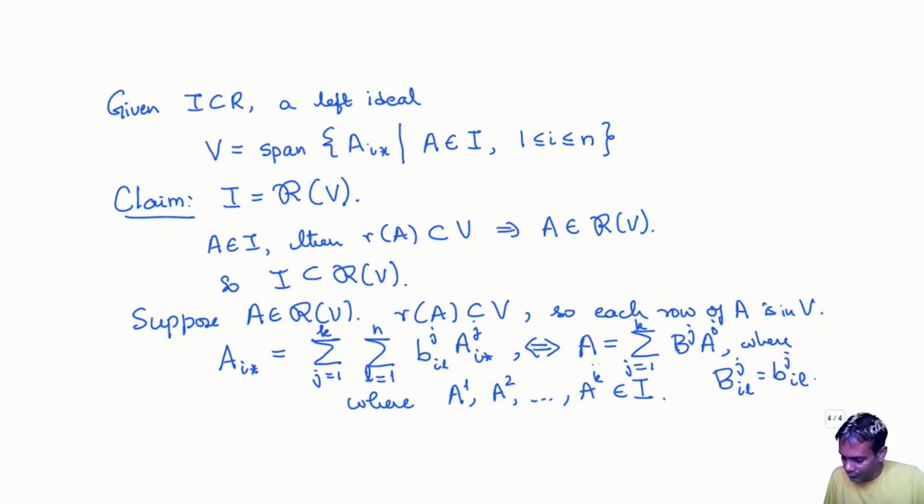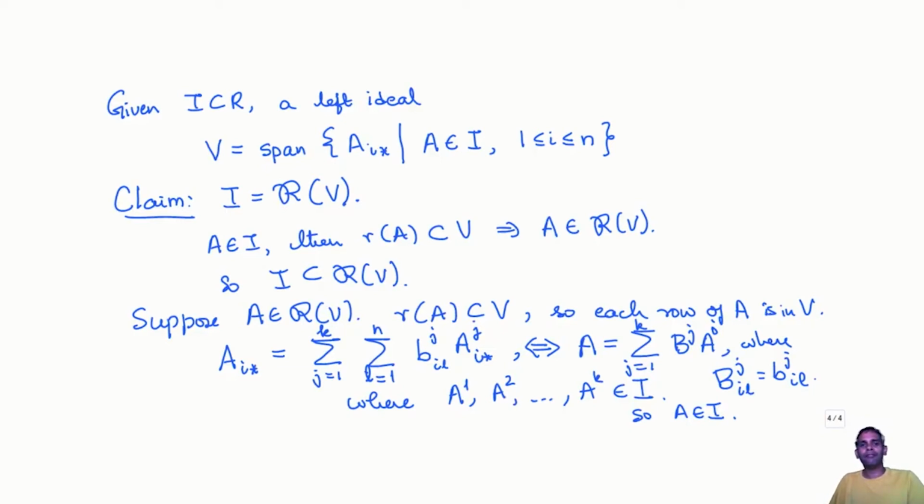Now if you look at this equation, A equals the summation of b_j A_j, it's exactly saying that A lies in the left ideal containing A_1, A_2 up to A_k, which means that A lies in I. So what we proved is that RV is contained in I, and so RV is equal to I.